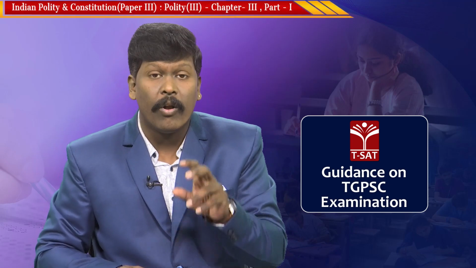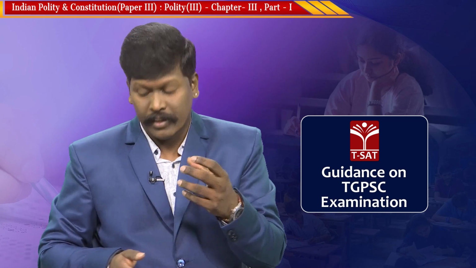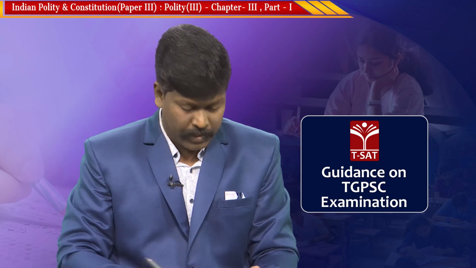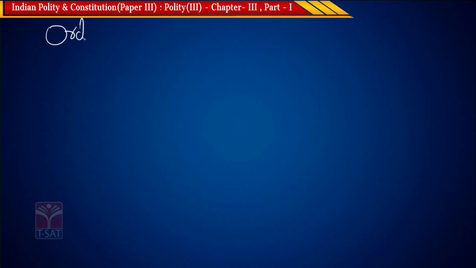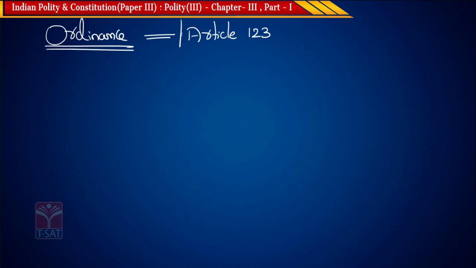President has the following functions. They are, look at the first one. The first one is all about ordinance. Ordinance making power of the President is discussed in Article 123 of the Constitution.